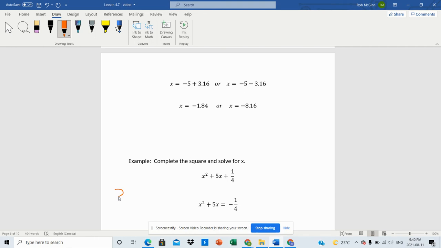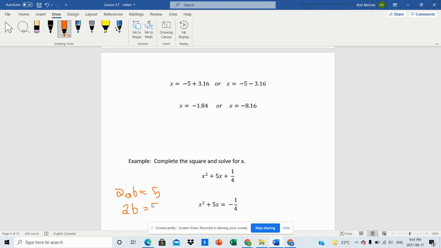I know that 2 times a times b is going to be equal to 5. It has to be equal to my middle term. So what do I know? I know that a is 1, so that's just going to be 2b is equal to 5.